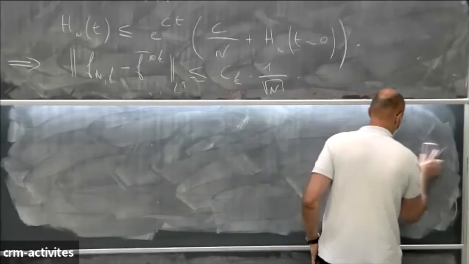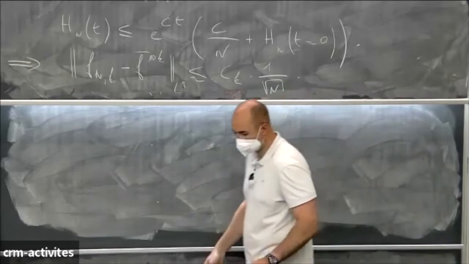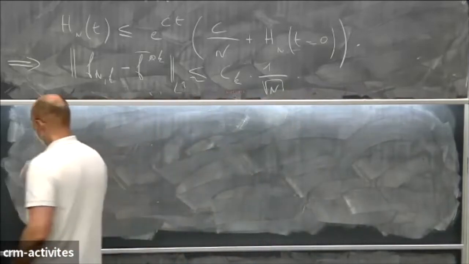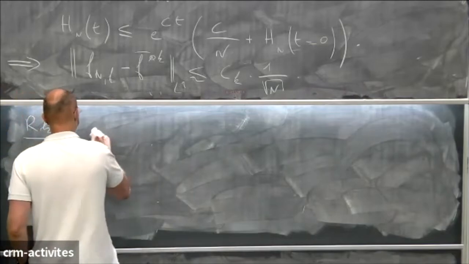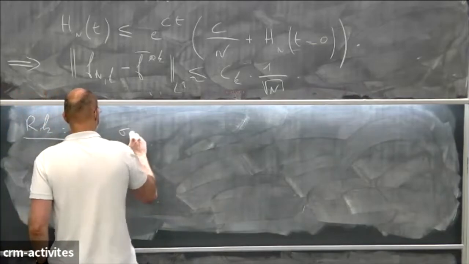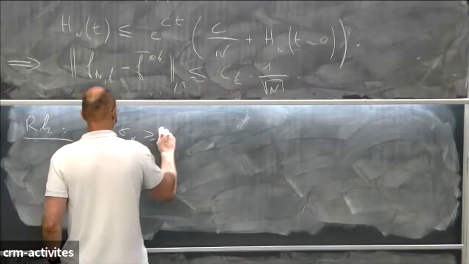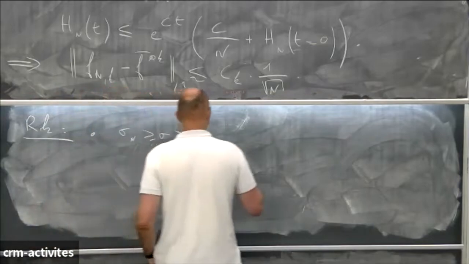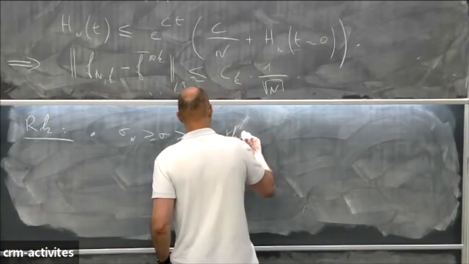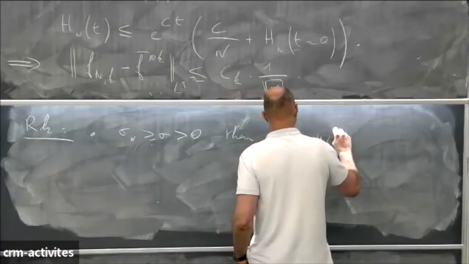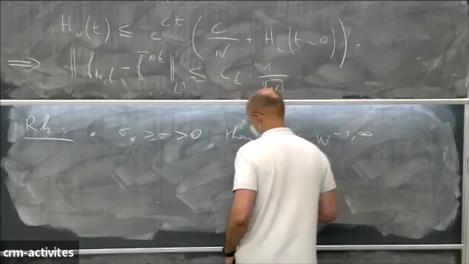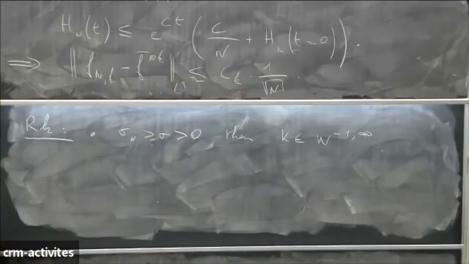What's interesting here is that you can actually push this result a little bit further, relatively easily. So if sigma n does not degenerate, then you can gain one derivative. So k could be in W minus 1 infinity, and that's by using the diffusion.